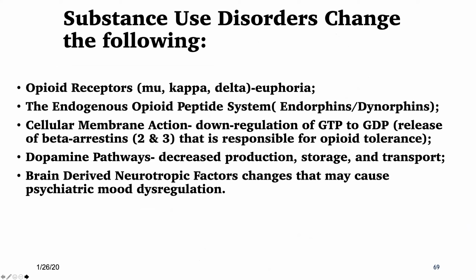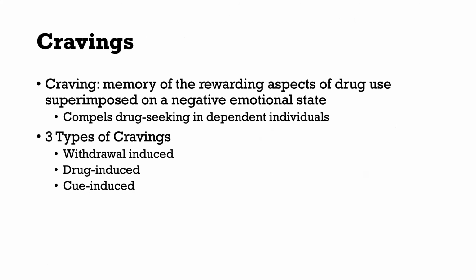And we talked about, again, the review of the changes in substance use disorder, changes in the opioid receptors, the endogenous peptide system, the cellular membrane, the dopaminergic pathways, and the brain-derived neurotrophic factors. All of those change as people not only use opioids, but just about any type of psychoactive substance. And this is what creates the devastating effect. We talked about cravings, and I'll talk more about cravings in just a few minutes when we get to safe medications.